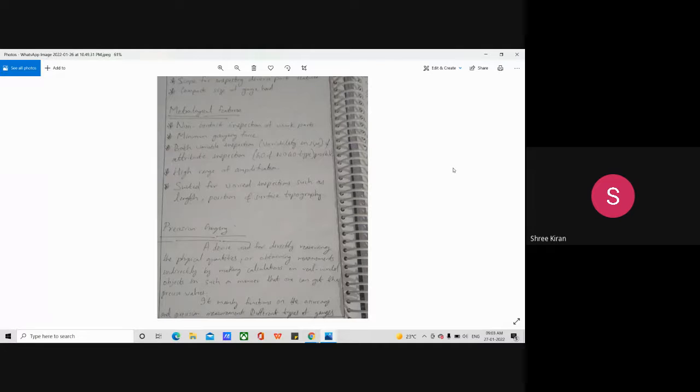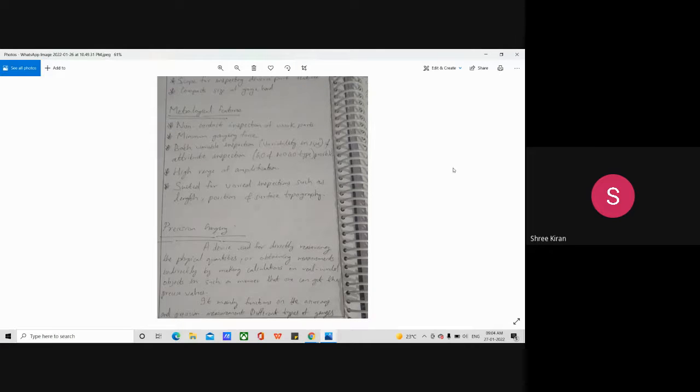So a device is used for directly measuring the physical quantities, or obtaining the measurements indirectly by making calculations on real world objects in such a manner that one can get the precise values. That's what happens in the case of precision gauging.